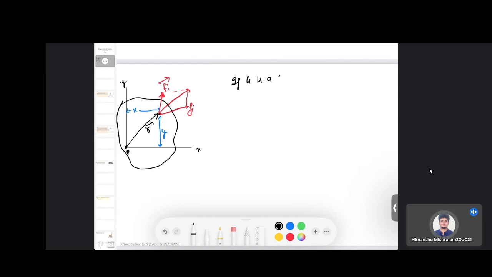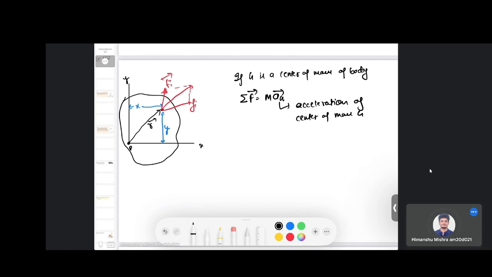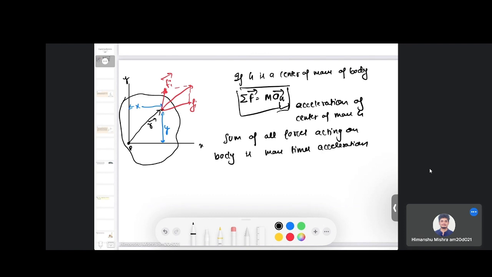If G is the center of mass of the body, then it will satisfy summation of force equals m a_G, where a_G is the acceleration of the center of mass G. So this equation tells us that the sum of all forces acting on a body is equal to mass times acceleration.